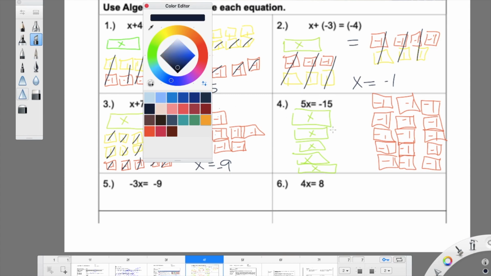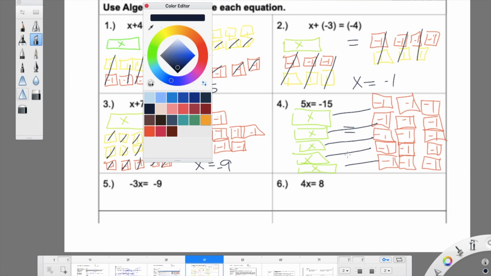So when you have a situation like this, what we need to do is figure out how many of these negatives, we kind of have to divide up this side so that each one of these x's has the same number of negatives. So if we look at this, and I kind of set this up nicely. So we have 1, 2, 3, 4, 5 rows, and each row has 3.